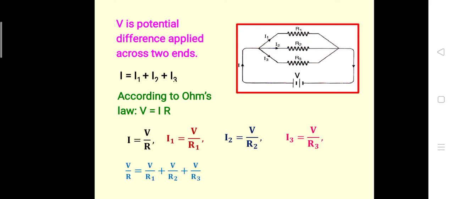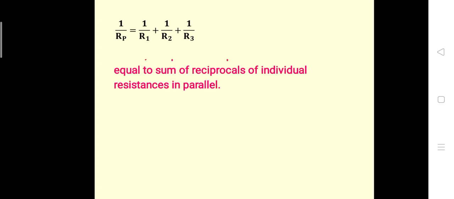So V upon R is equal to V upon R1 plus V upon R2 plus V upon R3. Take V common and cancel. We will get 1 upon Rp is equal to 1 upon R1 plus 1 upon R2 plus 1 upon R3, where Rp is the net resistance of the parallel combination.